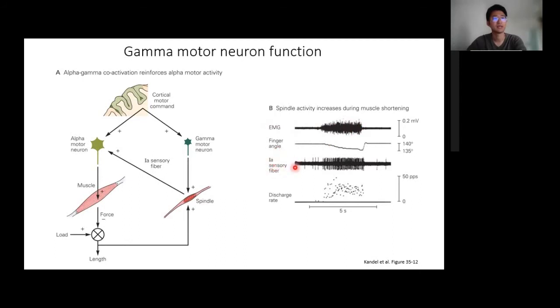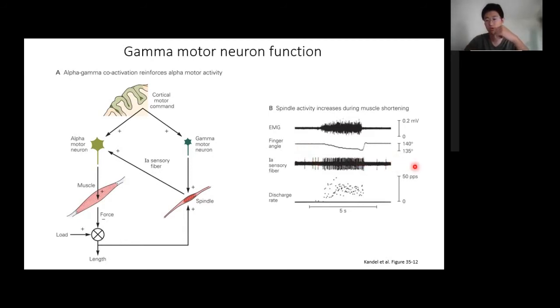The next two plots represent the sensory feedback. You see when you do the move, you shorten the muscle, you still get activity in the sensory signals. So what does it mean? If you assume that you don't have a gamma motor neuron or it doesn't do anything, when you shorten the muscle, the muscle spindle should not sense any information.